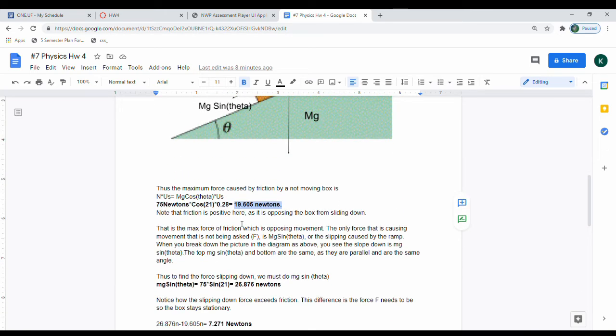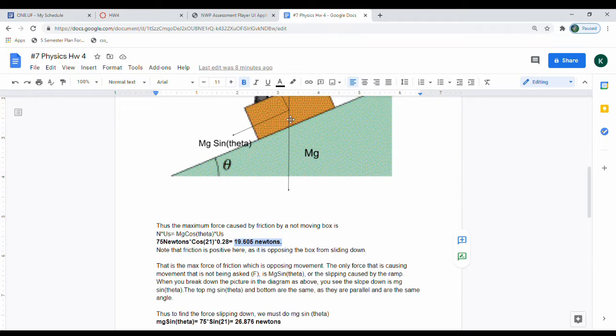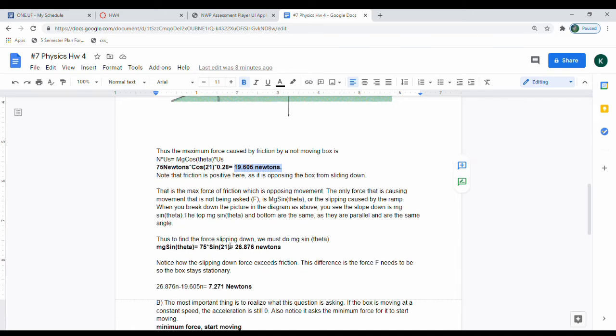But then we need to figure out what the force of the box sliding down is, this mg sine theta. So then you just plug in your weight for mg and multiply by sine theta, and then you should get a bigger number. So if we want this thing to not move, the friction force needs to equal the force going downwards.